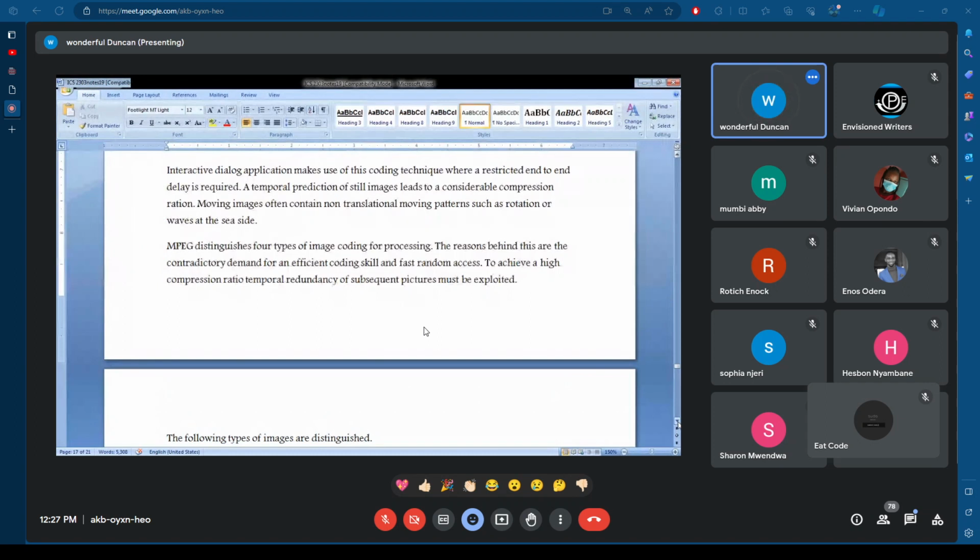Another point, MPEG distinguishes 4 types of image coding for processing.